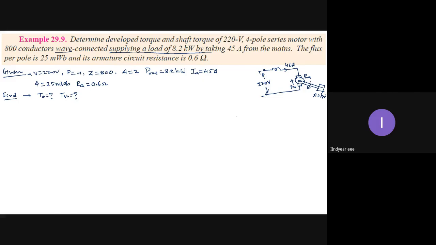I will add again: also calculate total armature losses, and efficiency of the motor.